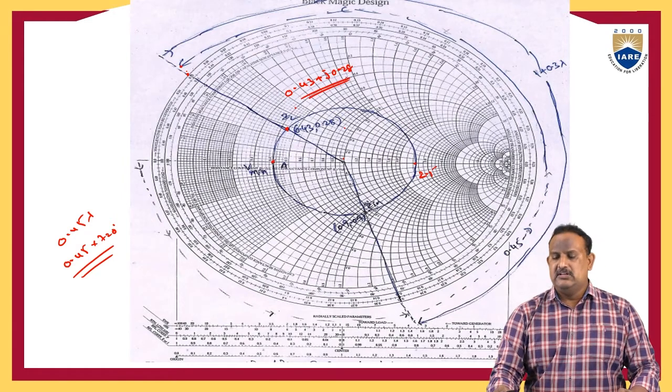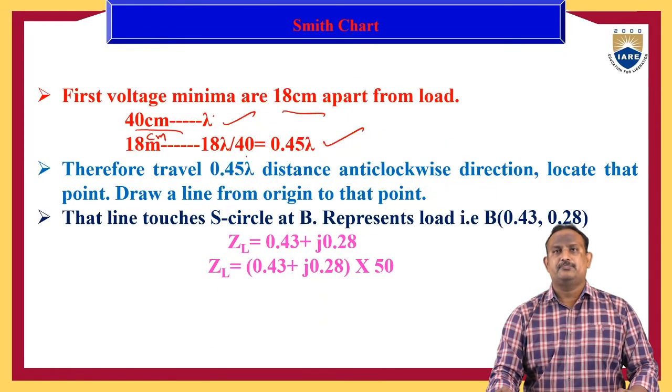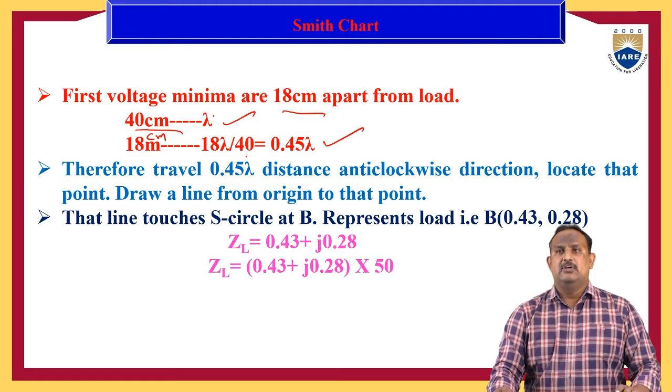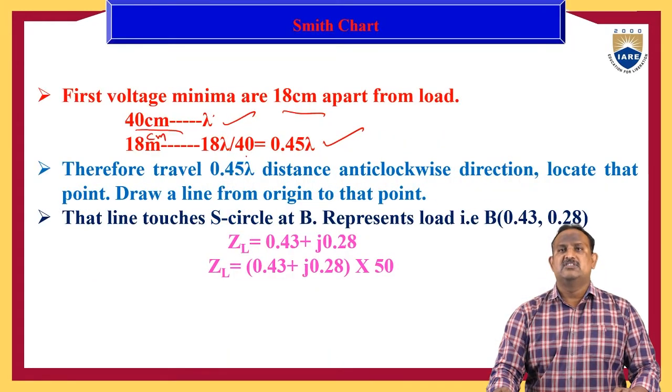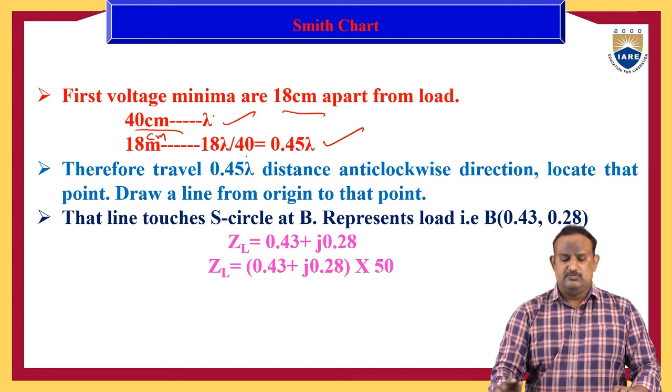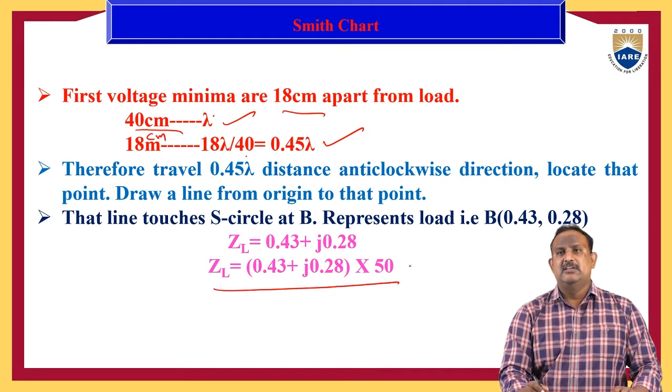Then from this, we can find the admittance value. Let us assume this point is B. The coordinates of B are 0.43 plus j0.28. To find the actual impedance value, multiply the normalized impedance by 50.